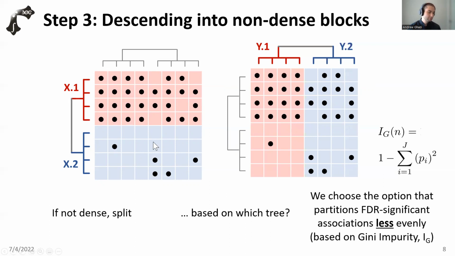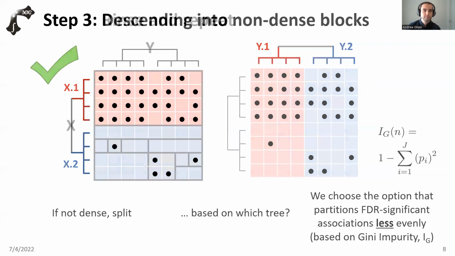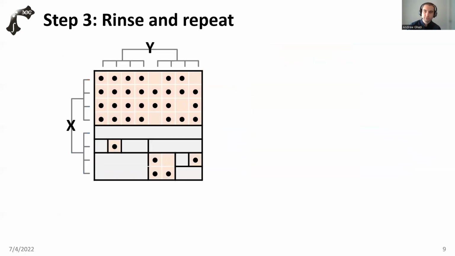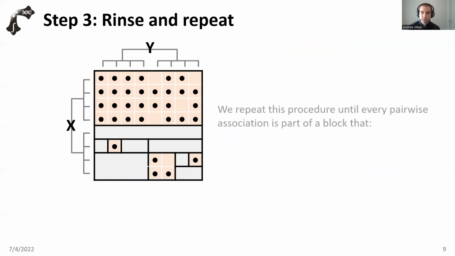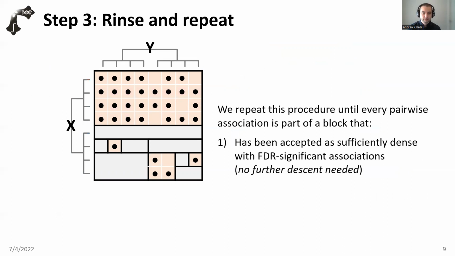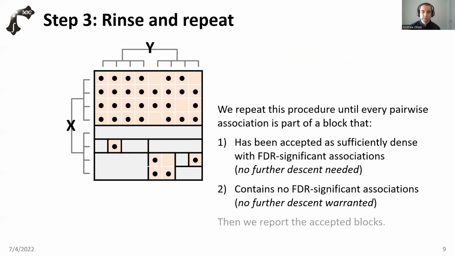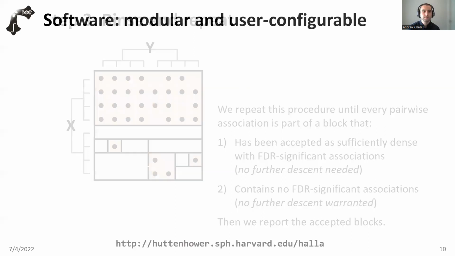So here, in this particular example, clearly choosing X will give you the biggest change in Gini impurity. And then we rinse and repeat that process iteratively until we reach either a dense block of associations or singletons or empty blocks. And then these blocks that we get are what we report at the end.